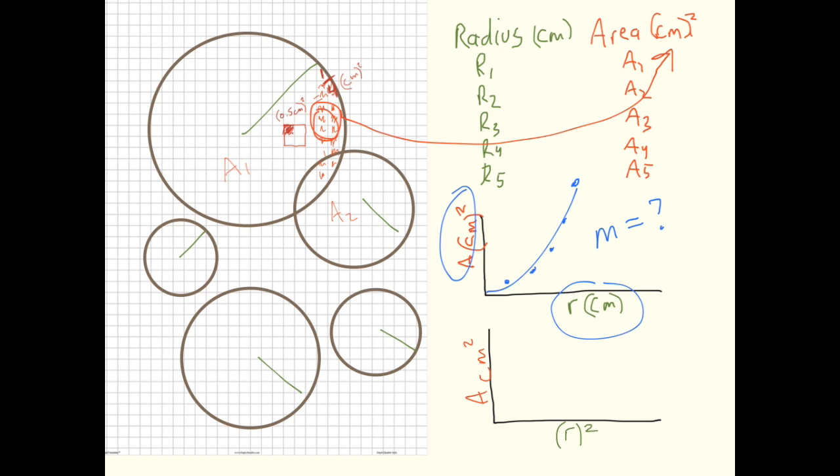The reason I'm asking us to do that is, we'll find out a little bit later, but in your second graph that you do, take this r value right here and square it. So you'll probably need to create another data column as well. So whatever your r1 is, you're going to have to square it down here. So r1 squared, r2 squared, r3 squared, r4 squared. Plot that against your regular old area, which is already in square centimeters. And I think you'll find, and know you'll find, that you're going to get a nice linear relationship. This is what's called linearization.